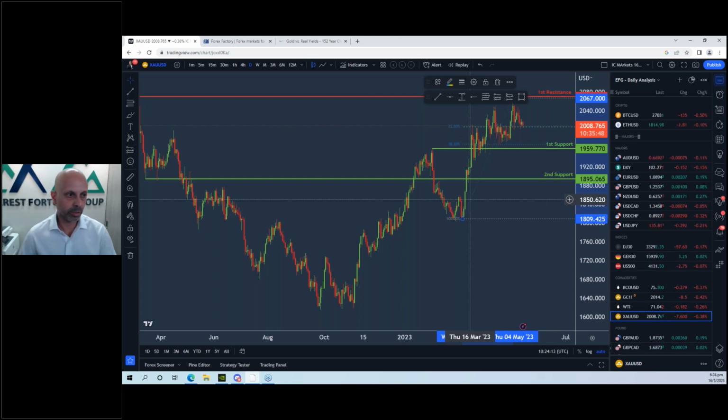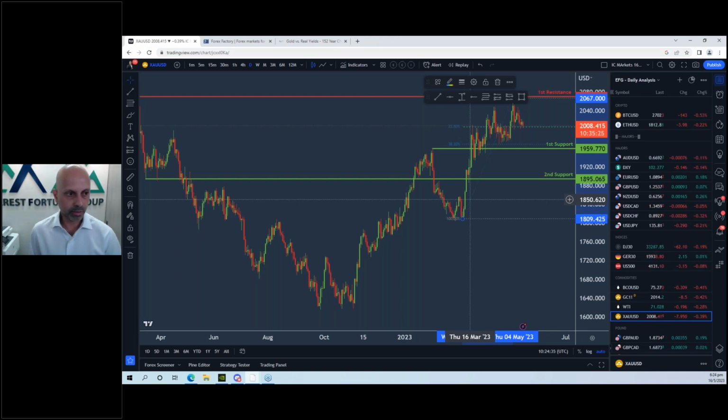This is also something that institutions and markets have picked up on. They've realized that the core CPI reading in the US is not falling as sharply as expected, and is actually consolidating. There are growing concerns that this core reading could start to rise.